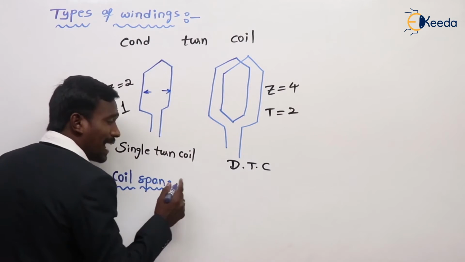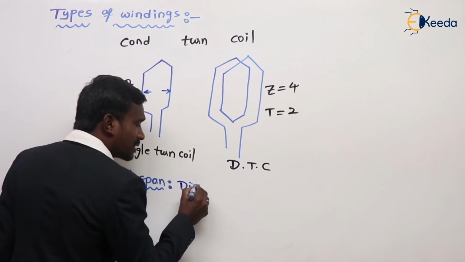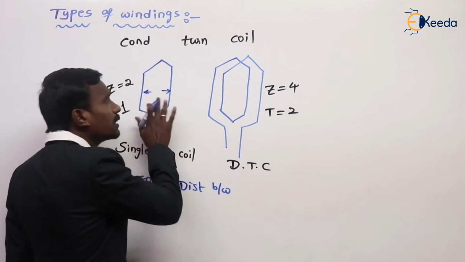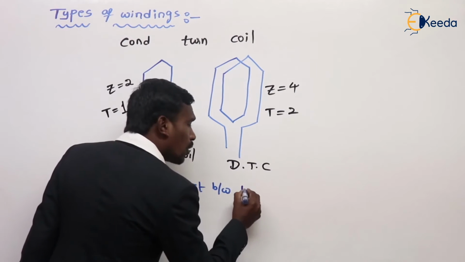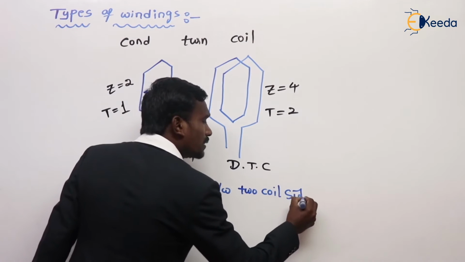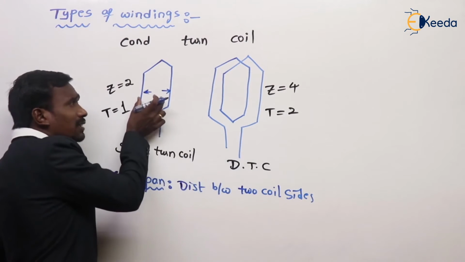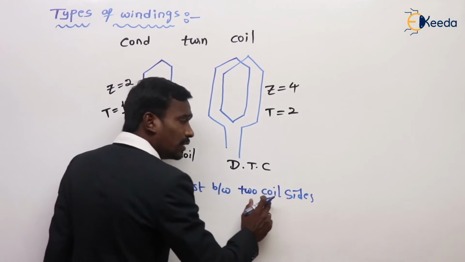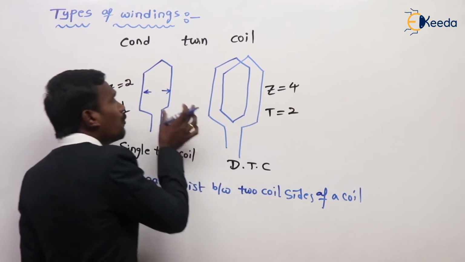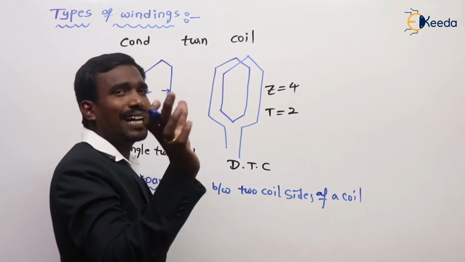Here, coil span is nothing but the distance between two coil sides of a coil. Every coil has two sides.